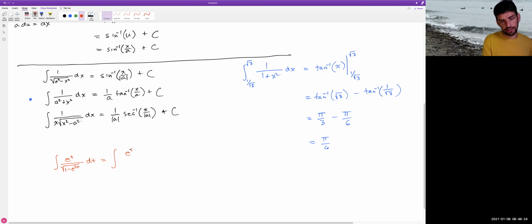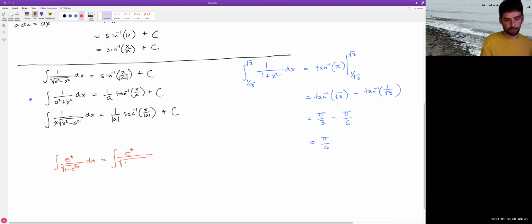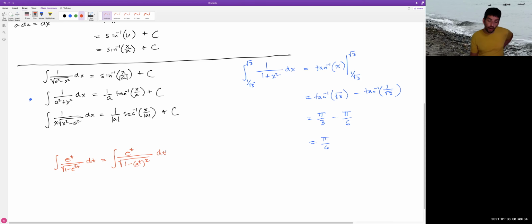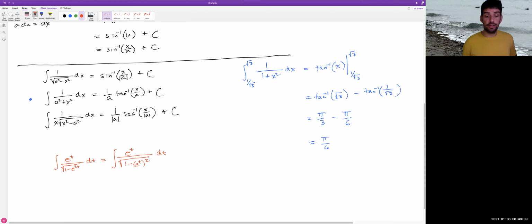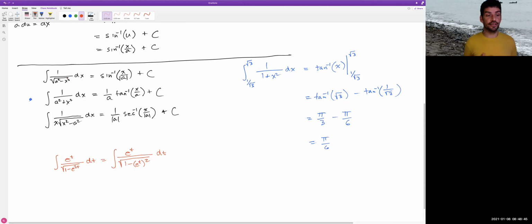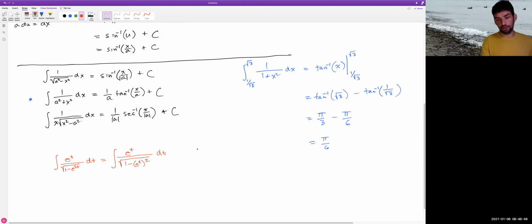So I want to write e to the t over the square root of 1 minus e to the t squared dt, right? So that's just how exponents work. Well, now notice that this thing in the denominator looks very much like the thing we have for inverse sine, the function in our rule, with a little bit of substitution. So let's do that now.